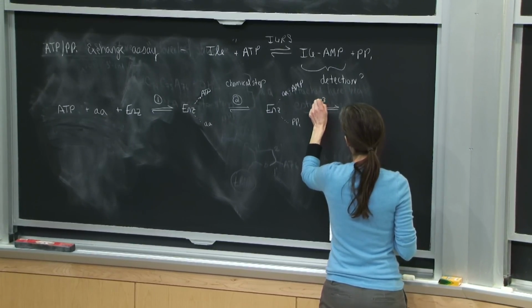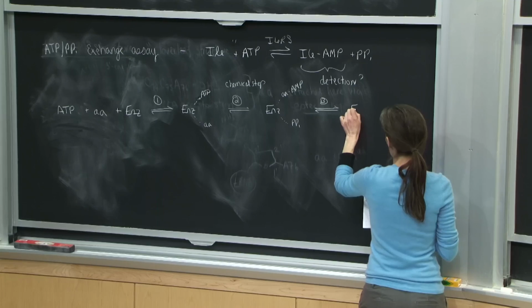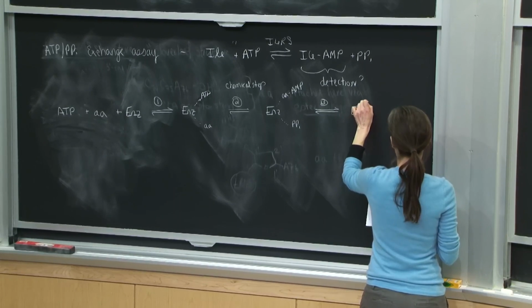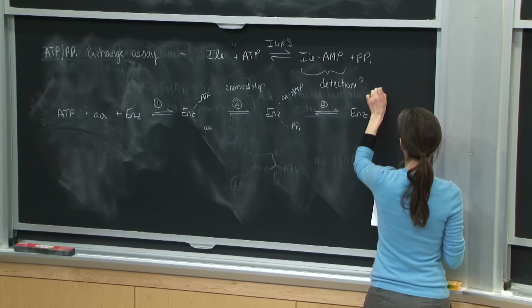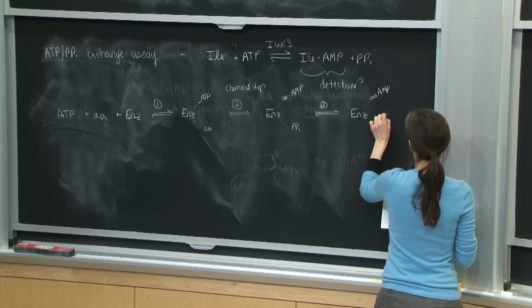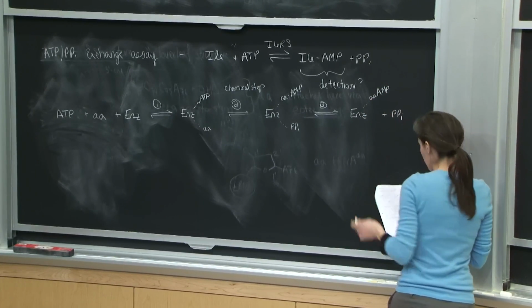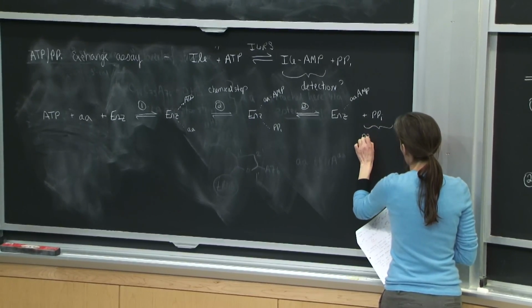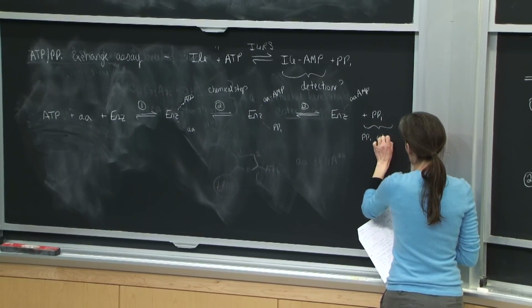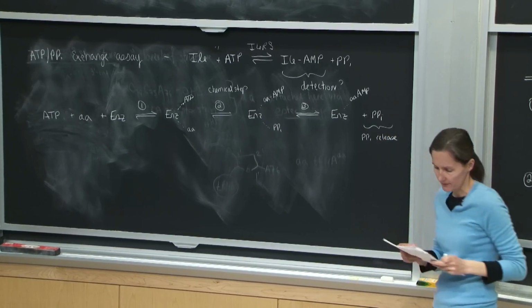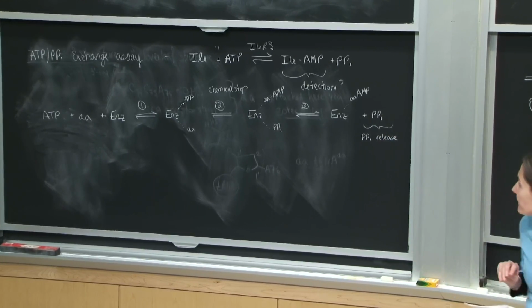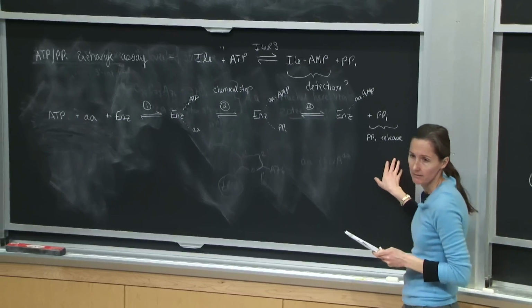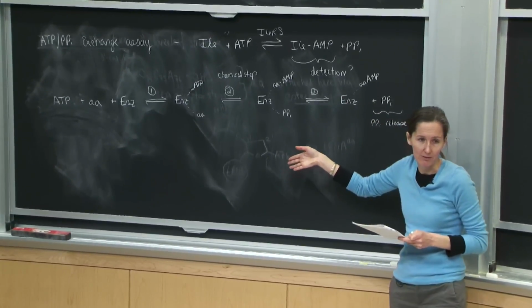We have step 3. So imagine in this step, our PPi is released, okay? Okay, and this is another key aspect of this assay. So what does this mean? We now need to think about going backwards, right?